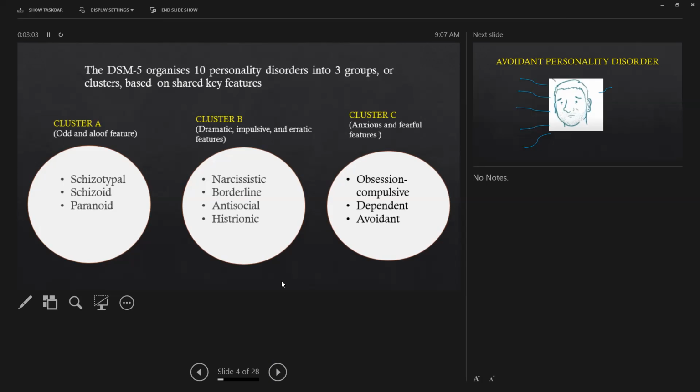Cluster B includes dramatic, impulsive, and erratic features that include narcissistic, borderline, antisocial, and histrionic personality disorder. Cluster C includes anxious and fearful features, including obsessive compulsive personality disorder, dependent personality disorder, and avoidant personality disorder.